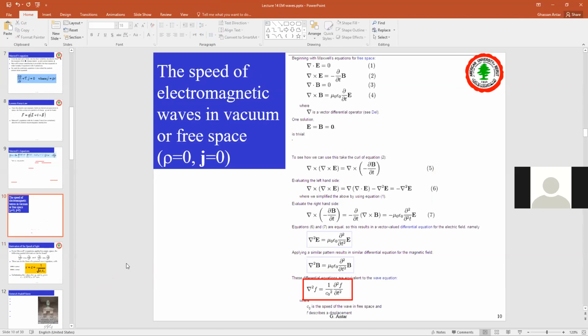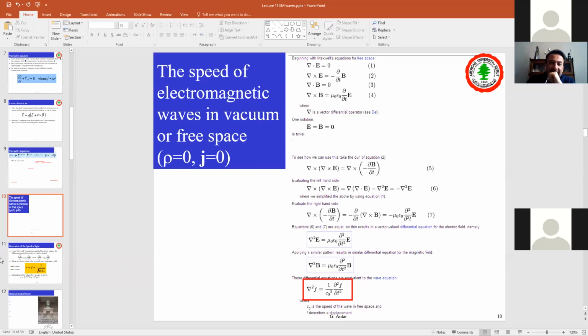Once again, this is not required from you, but I thought that it was an interesting, relatively simple calculation, with a huge consequence. And that is the form of the speed of light.